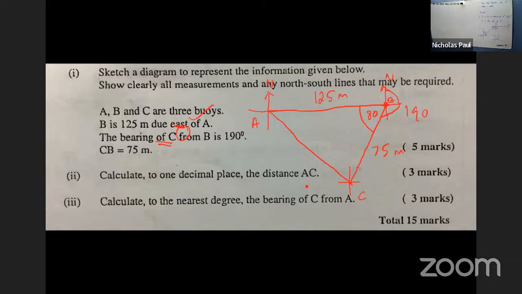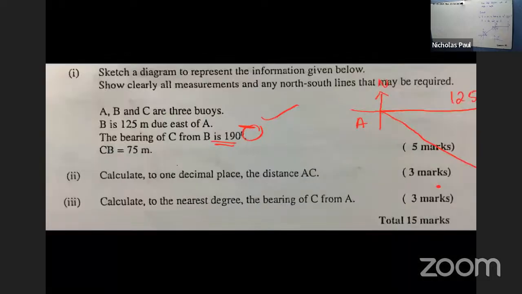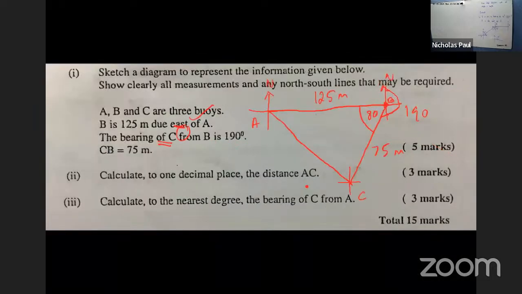Yeah, so your final diagram looks like that. Shada, Ivan, you're okay with that? Everybody here okay with this diagram now?